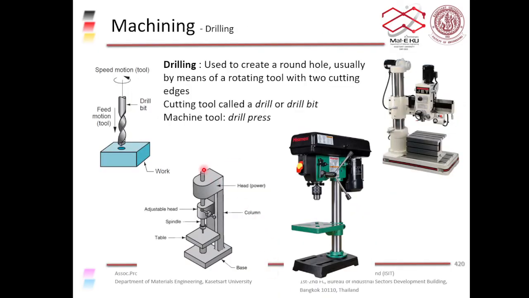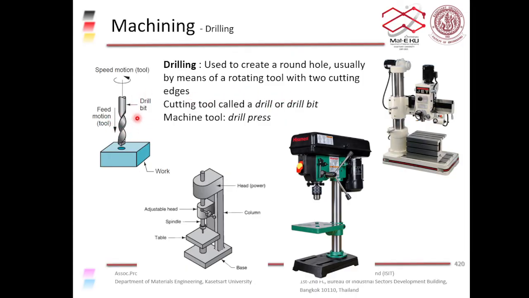Okay, so the next process is drilling. Drilling is a technique we use to produce a hole. It creates a round hole, usually by means of a rotating tool with two cutting edges.